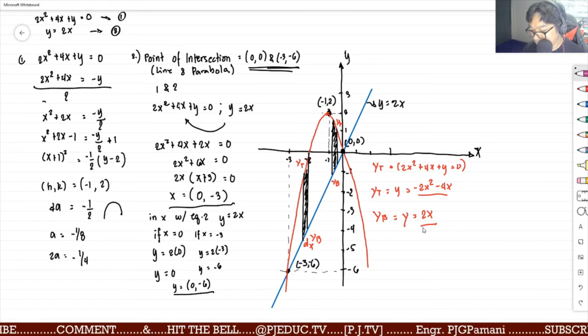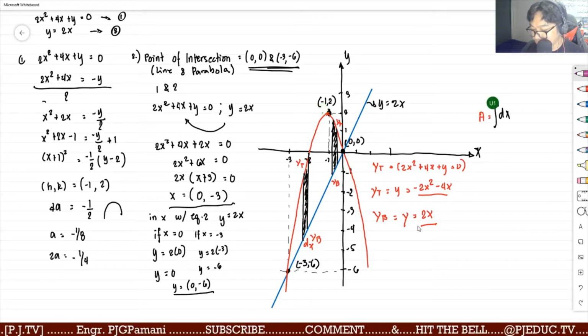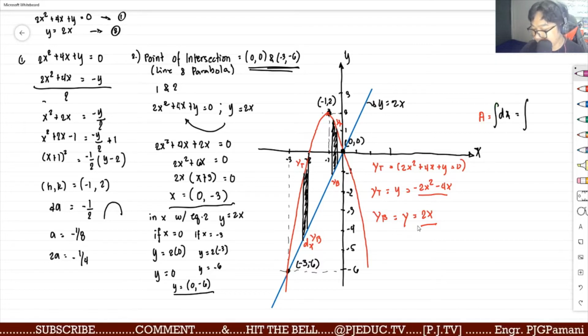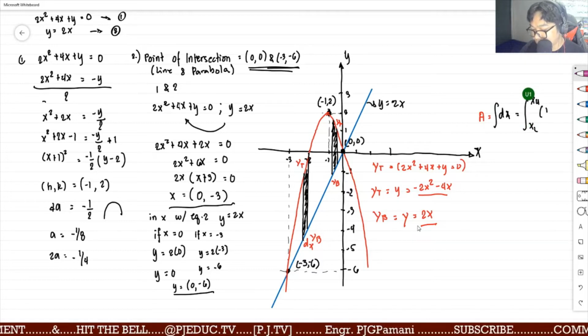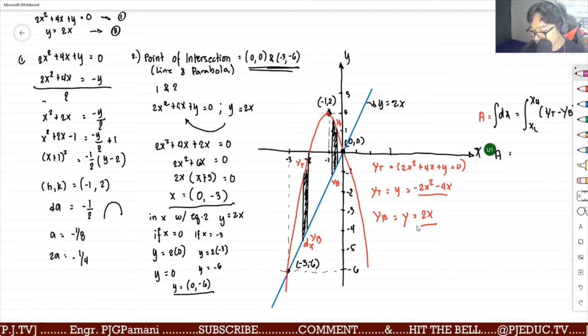So, hanapin na natin yung ating area. Dali na naman. Area, remember that area is simply equal now to the differential area equal now to the vertical element. That is x lower limit, x upper limit, y top minus y bottom times the thickness. So, area is simply equal now.